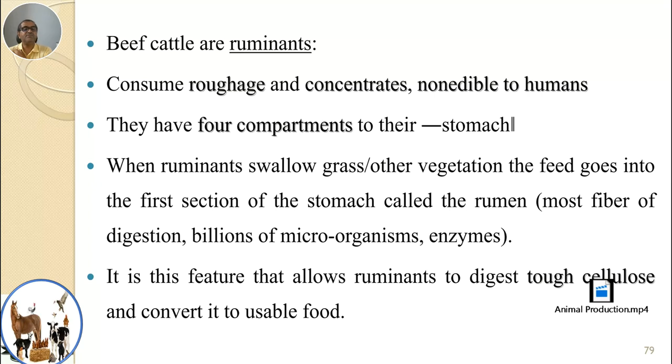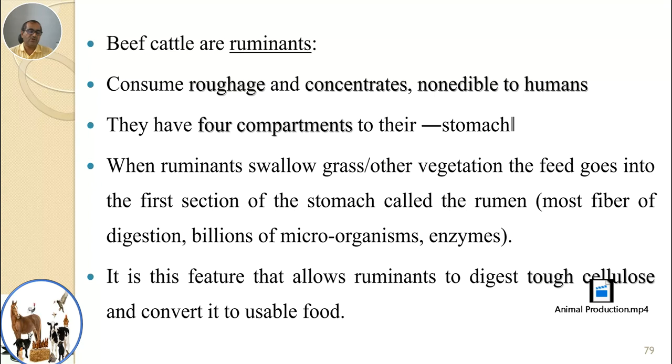Then, beef cattle are ruminants. They consume roughage and concentrates that are non-edible to human beings, and they convert these into very good muscle. They have four compartments to their stomach as usual. You know it very well. When animals swallow grass or other vegetation, the feed goes into the first section of the stomach, called the rumen.